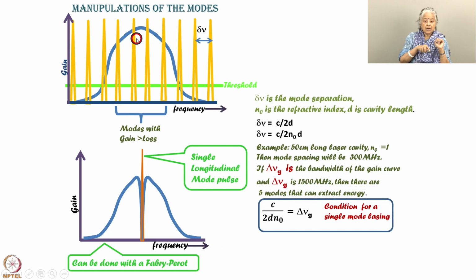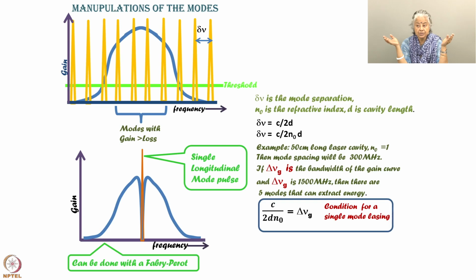Now let us see how we can manipulate these modes. It is quite easy to manipulate all these modes. In some spectroscopic studies, you require a single longitudinal mode. You do not need all of them because they need one very precise single frequency.